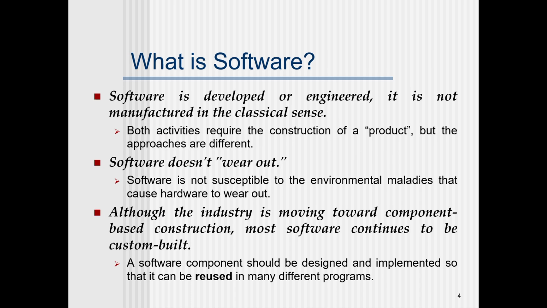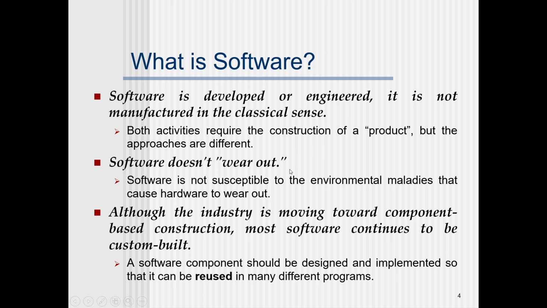Now, software is developed or engineered; it is not manufactured in the classical sense. The moment I say manufacturing, it relates to hardware, not the software system. Software is always developed. Both activities require the construction of a product, but the approaches are different. Software doesn't wear out.